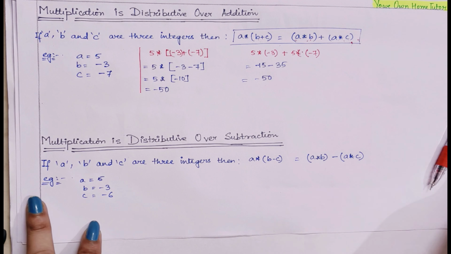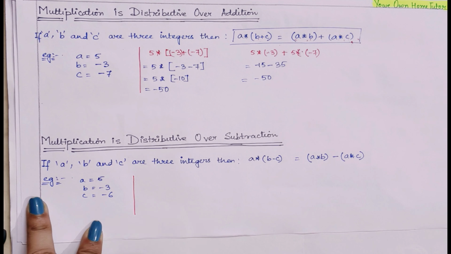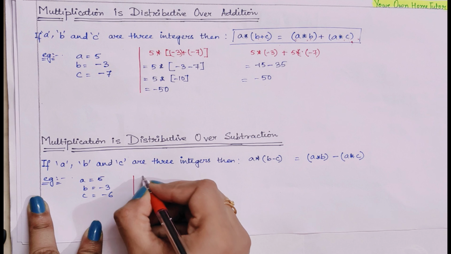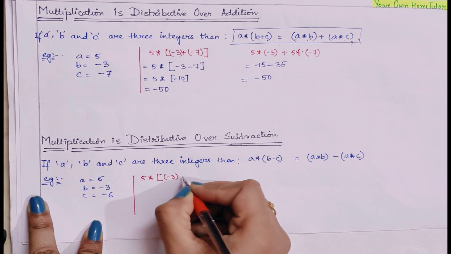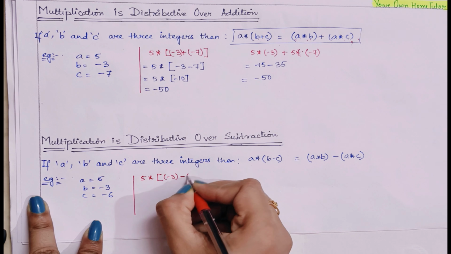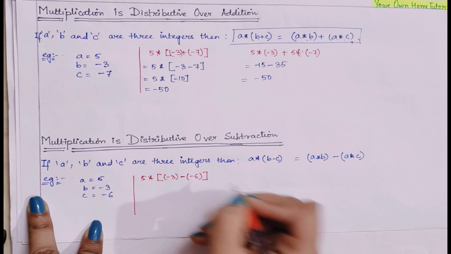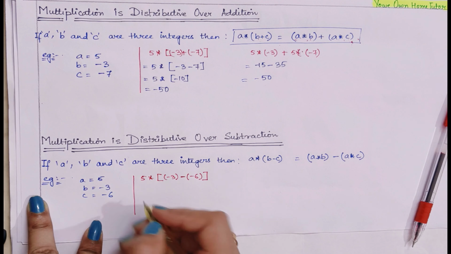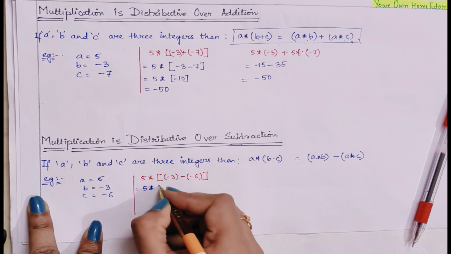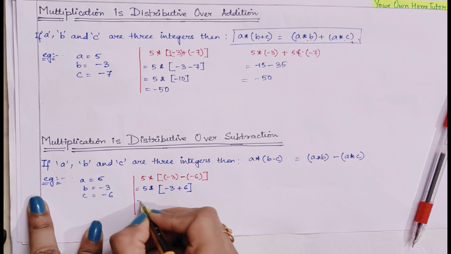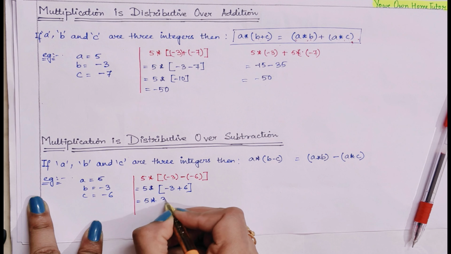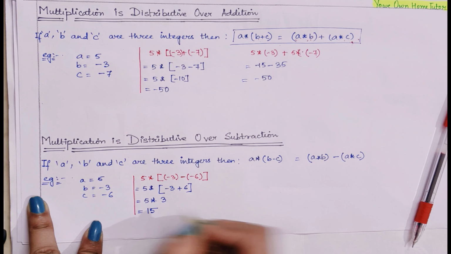So let us take now an example. I will write in this pattern: a is 5, b is minus 3 and c is minus 6. Now let us see what do I get. 5 into this will be minus 3 minus minus 6, which is 5 into 3, giving me 15.